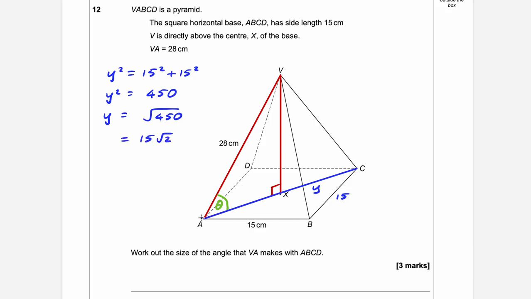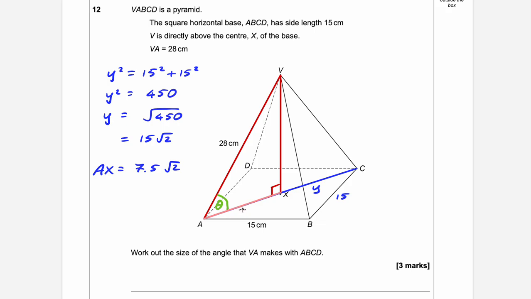Therefore, AX equals half of this. So it's 15 root 2 over 2. Or why don't we just put it as 7.5 root 2. Okay, that means this length, let's just make it a pink length here.